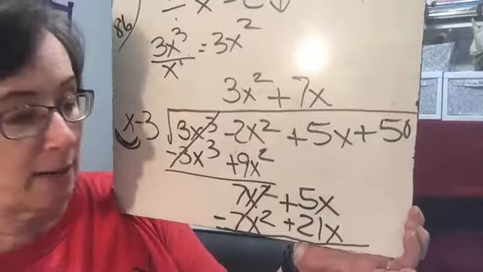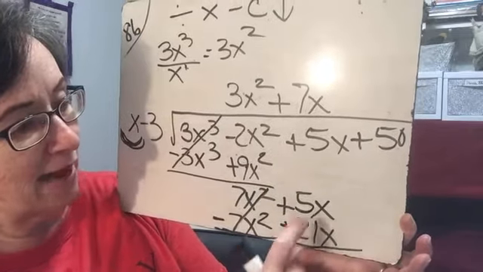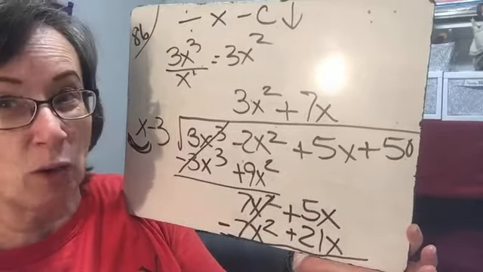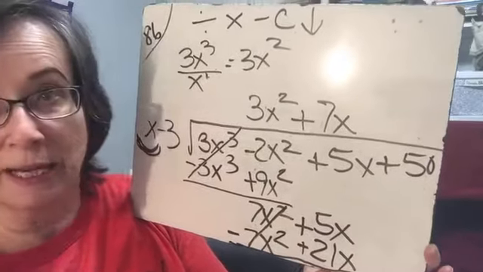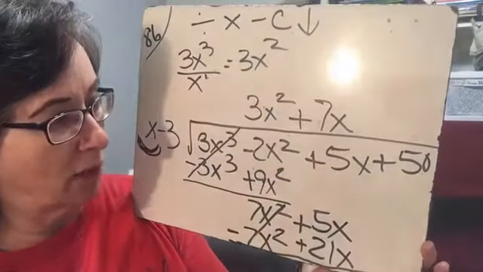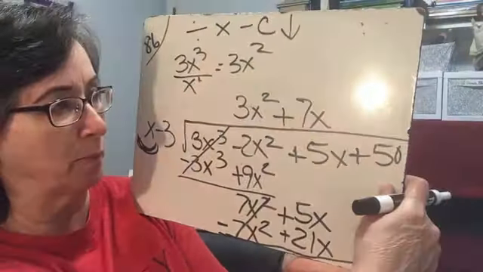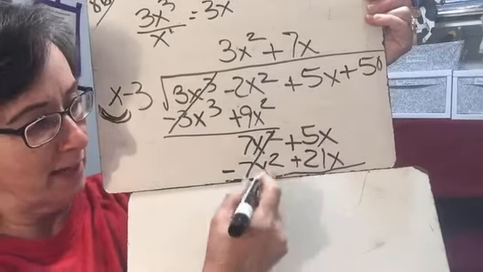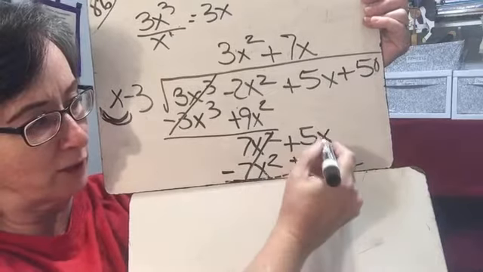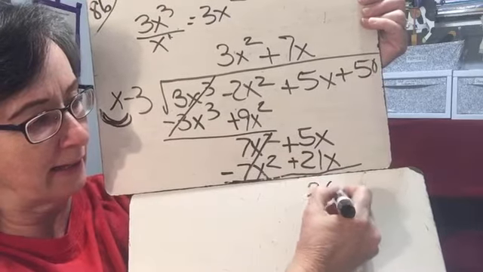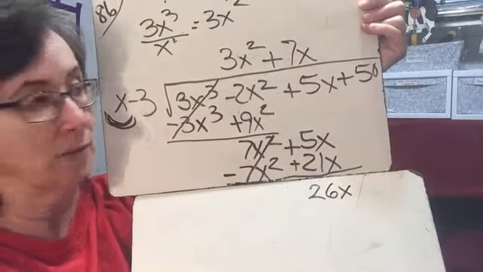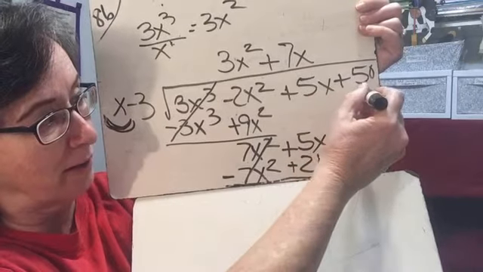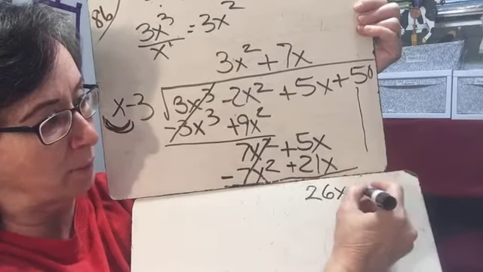That's my compare step. And then I have 5x plus 21x is 26x. So this one goes out, and we get a 26x. Now, I'm going to bring down the last one, which is a plus 50.